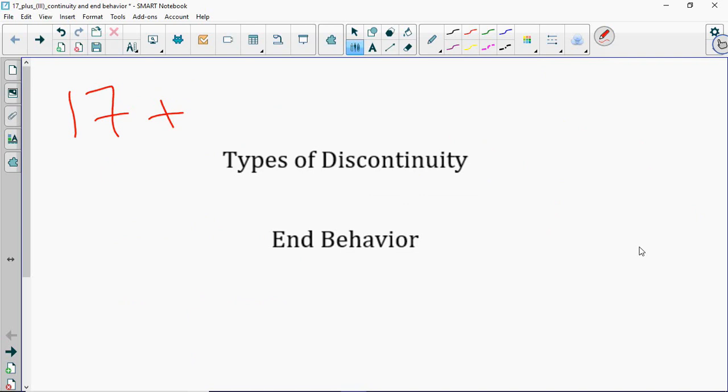And then we're going to talk about end behavior, which really just means what happens as x gets super, super big in either the positive or negative direction. So as x gets closer and closer to positive or negative infinity, what are the y values doing? Are they also going to plus or minus infinity? Are they getting closer to a particular value, maybe a horizontal asymptote, etc.?